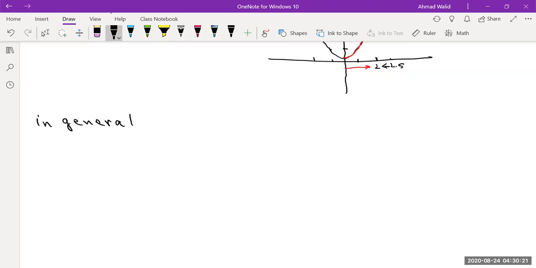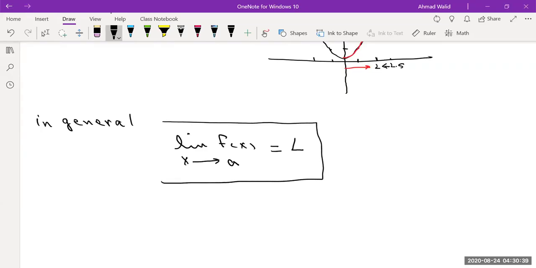If you have the limit of a function, any function f of x, and your x is approaching a number a, it always gives you a value which we name L here as a general form. This is the idea of the limit.